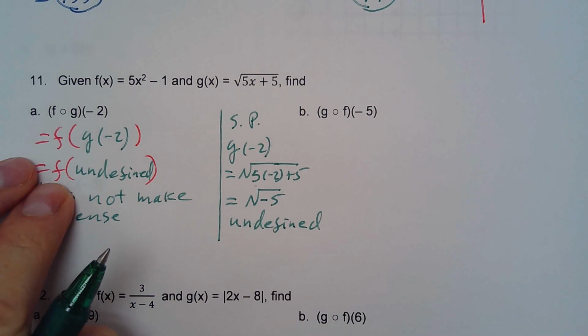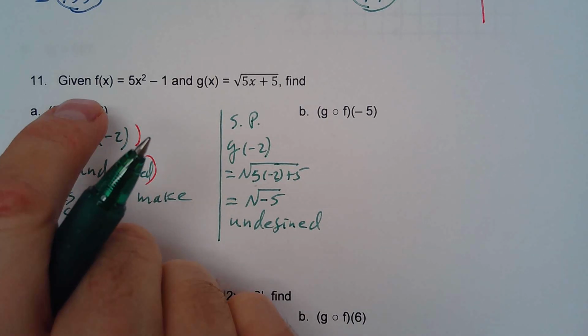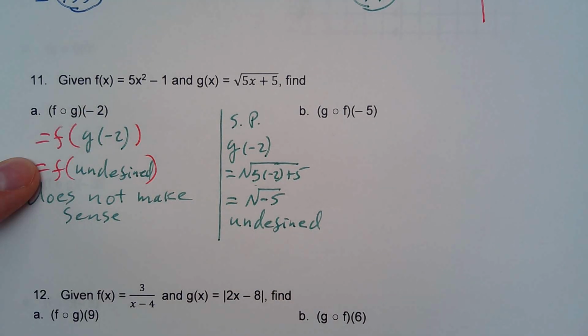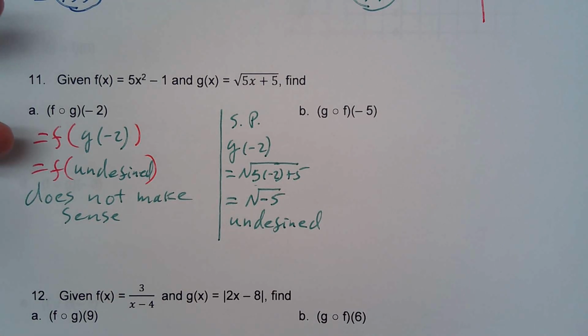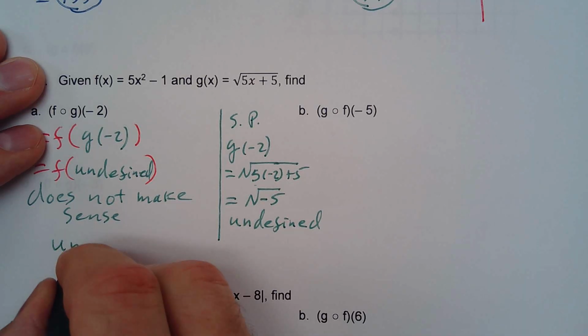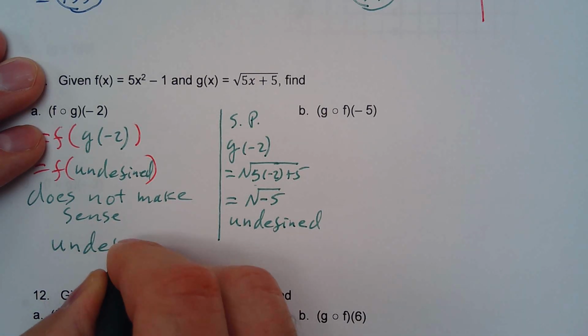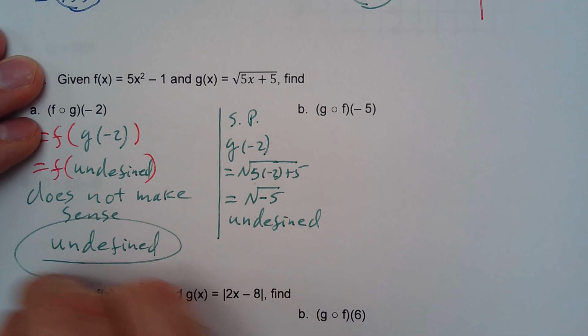Because we can only evaluate this when this x value is in the domain of the inside function. And that's not up here. So for this problem, we're just going to have to write the word undefined. We cannot do this.